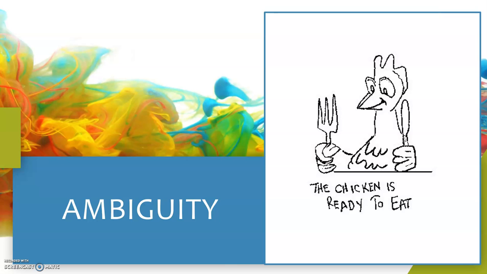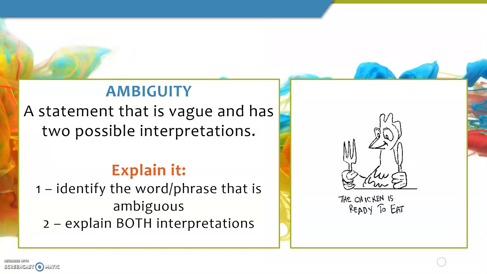The cartoonist has illustrated the possible ambiguity of the statement by including a picture of an actual chicken ready to consume a meal. So ambiguity, as I said, is a statement that is vague and has two possible interpretations.